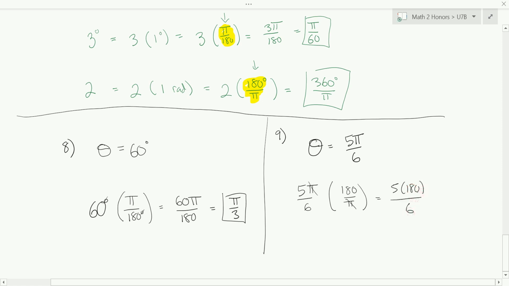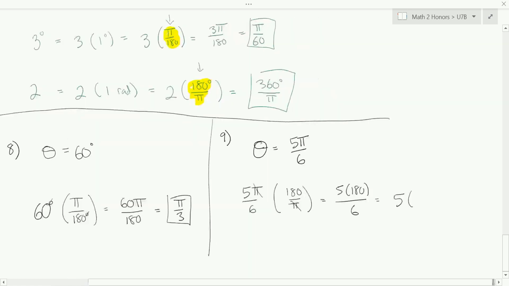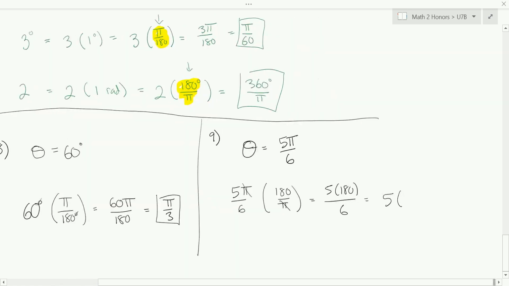I would encourage you to divide before you multiply. Makes it easier. Gives you smaller numbers. You can multiply 5 times 180 first, and then divide that big thing by 6, but I would divide by 6 first. I could divide 180 by 6, and I end up with 5 times, well, 6 goes into 18 3 times, so 5 times 30, and 5 times 30 is 150. And these are degrees.